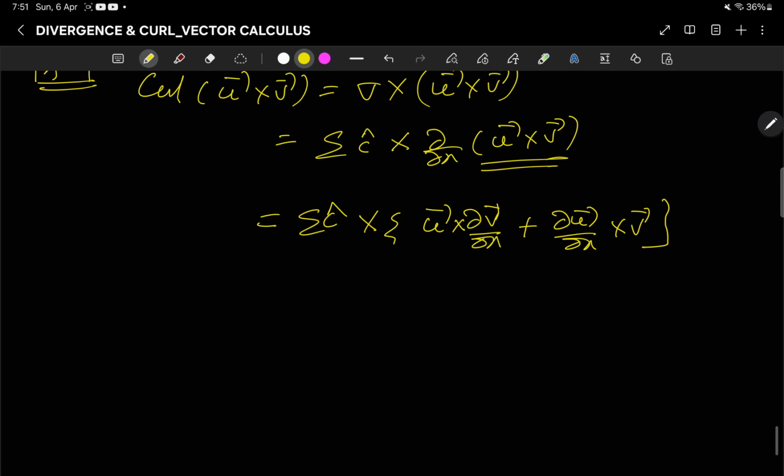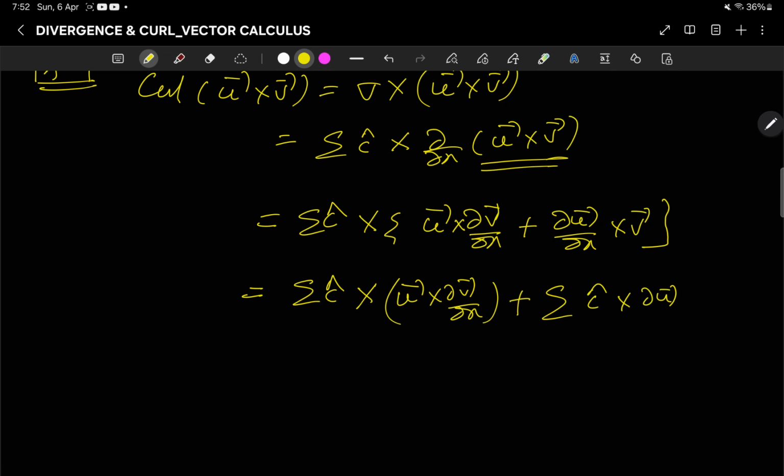Okay, so now you separate them. So this is equal to summation of i cap cross u cross del v by del x. Open the summation, it is summation of i cross del u by del x cross v.